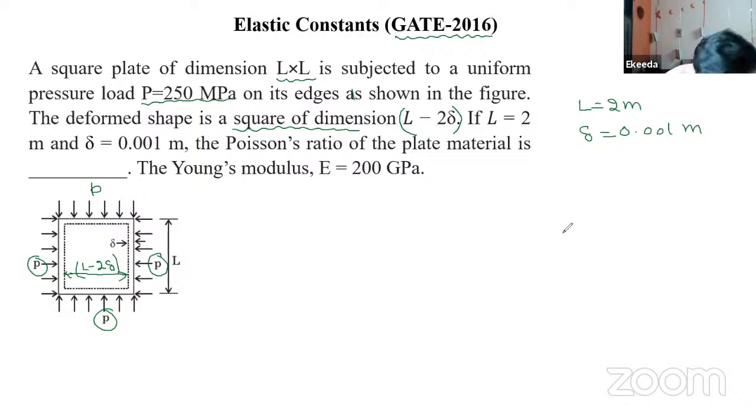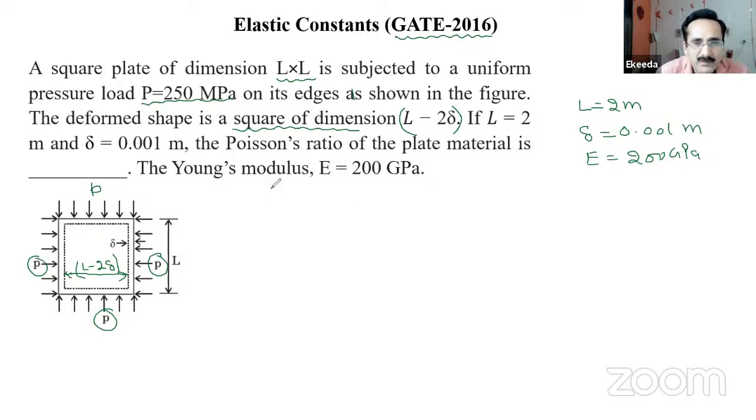E is also given to us, that is 200 gigapascal. We have to find out the Poisson's ratio. What will be the Poisson's ratio for this material?